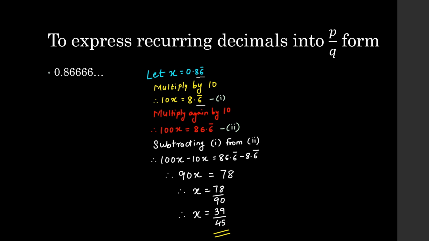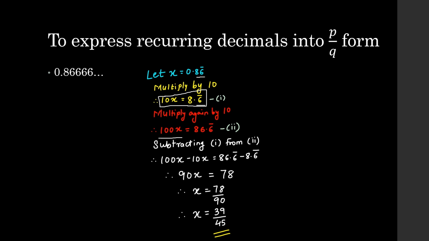So we need to again multiply this equation, 10x is equal to 8.6 bar, by 10, as only one digit is repeating after the decimal. So again multiplying by 10, 10 into 10 will be 100. 100x is equal to 86.6 bar, as after multiplying by 10 the decimal will shift towards the right by one digit.